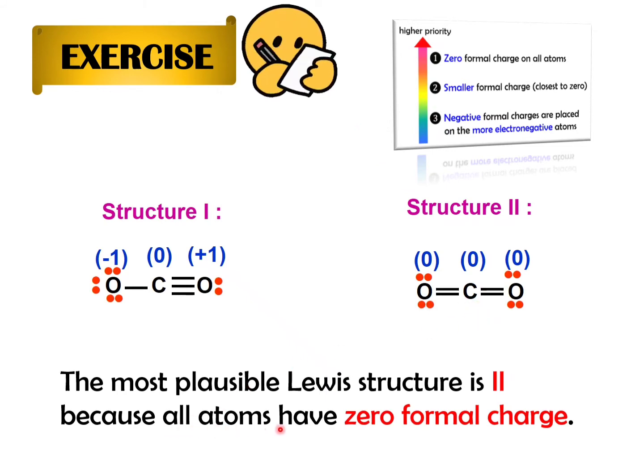Ni reason dia menggunakan semula dia punya syarat-syarat ni. So kenapa structure 1 tidak terpilih? Structure 1 adalah second priority. Sebab smaller formal charge yang ada pada oksigen, kedua-dua oksigen. Karbon saja yang 0. Boleh nampak?